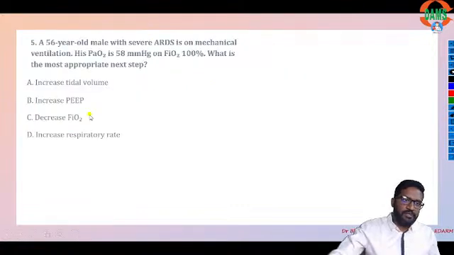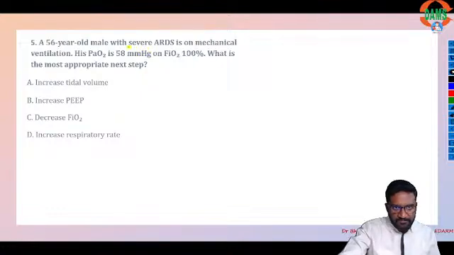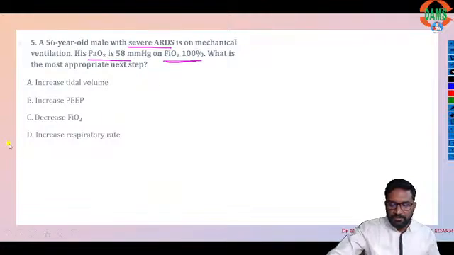Next question. There was a patient with severe ARDS on mechanical ventilation. Because it is severe ARDS, even after giving oxygen, there is not much improvement. What is the most appropriate next step? Now keep this in mind: ARDS is an INICET favorite topic.